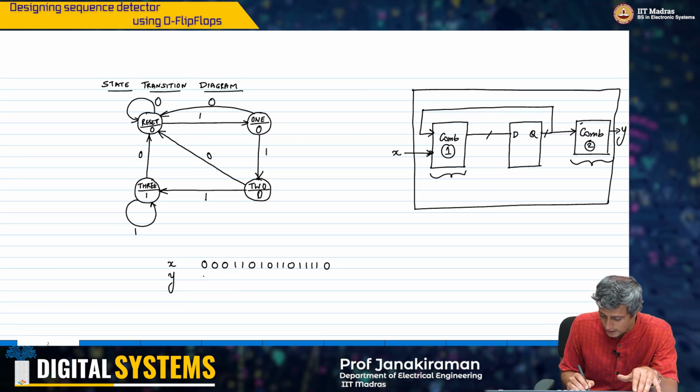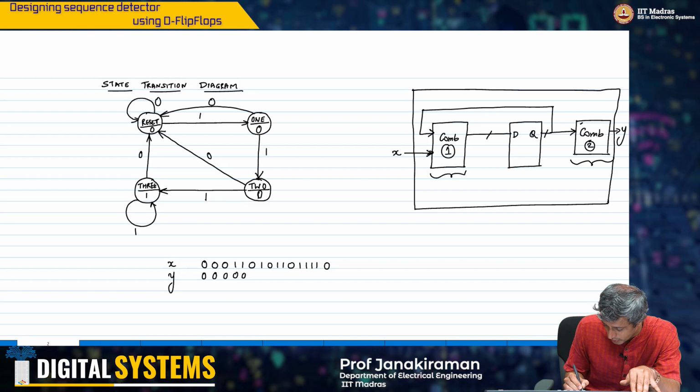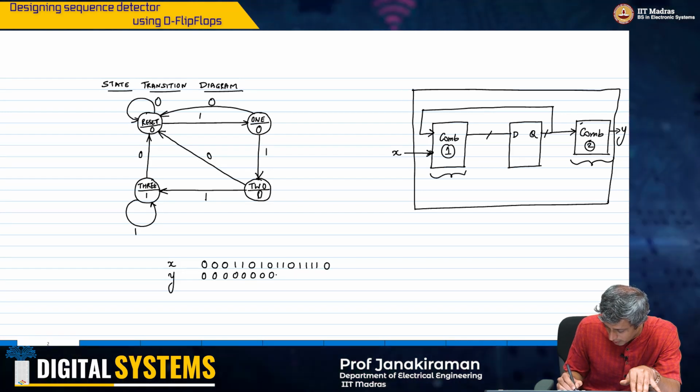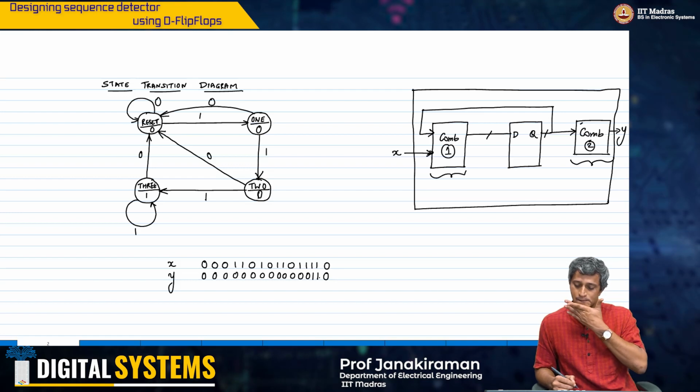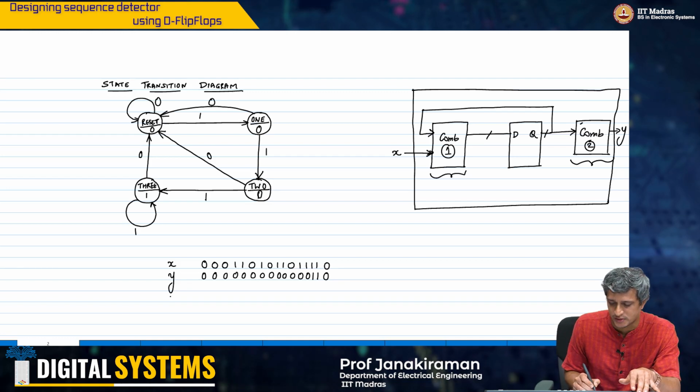Y is obviously, you are in state 0 initially, so it is 0, 0, 0, 0, and so on, and finally you see a 1 and again a 1 and then you're back to 0. Okay, so this is how the output y will look like.